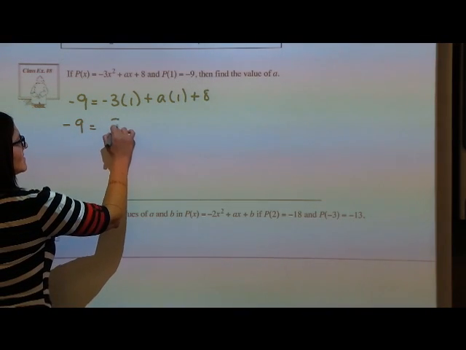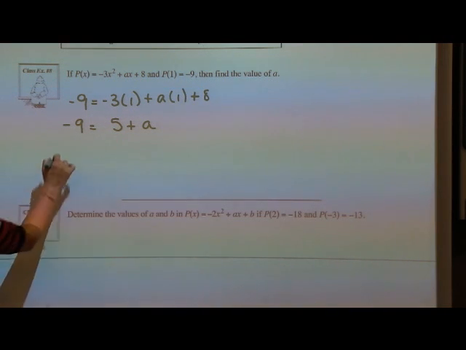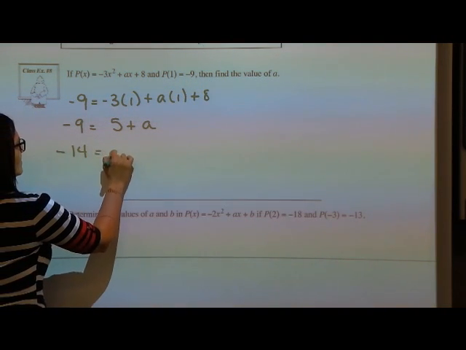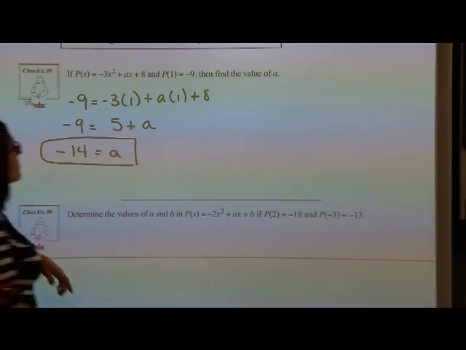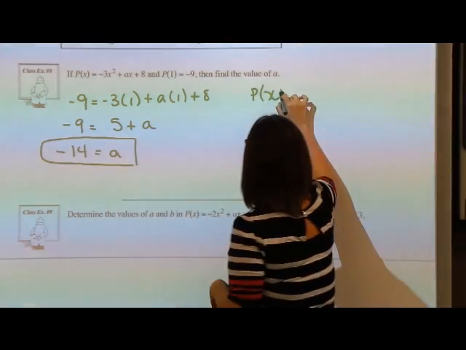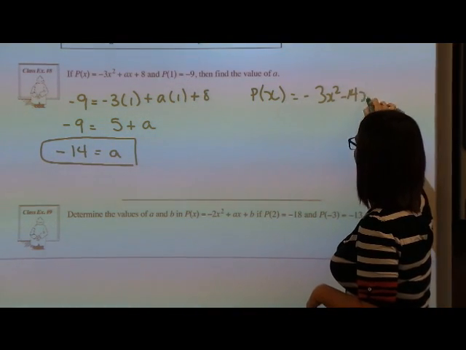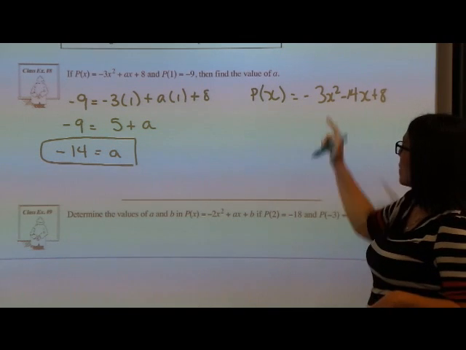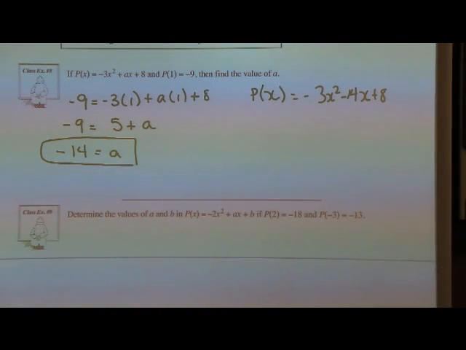What does a equal? So if I was to rewrite this, p of x equals negative 3x squared minus 14x plus 8. If I put 1 into the equation, I will get negative 9 as an answer.